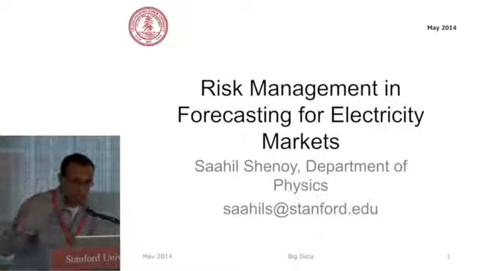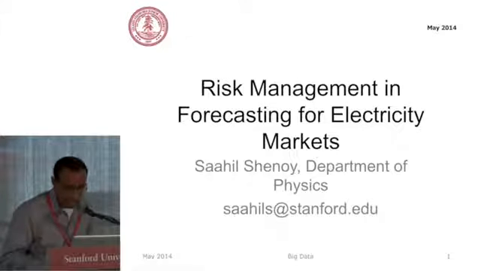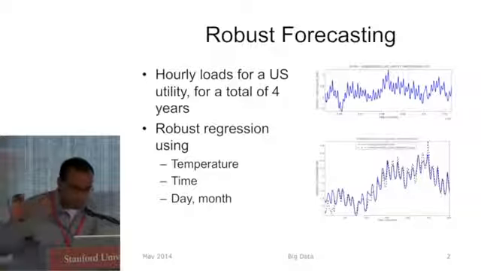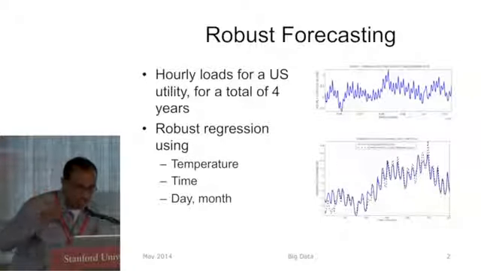To tackle this problem, we're trying to develop a risk-adjusted forecast. Initially we build a forecasting model, and then we estimate the margin we need to buy in addition to or less than what we forecast in order to reduce the risk of these extreme events from happening.